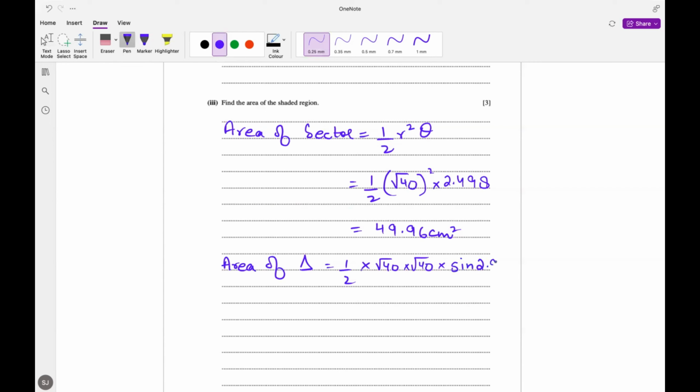So sine of 2.498 times 40 divided by 2. So the area of the triangle is 12 centimeters squared.